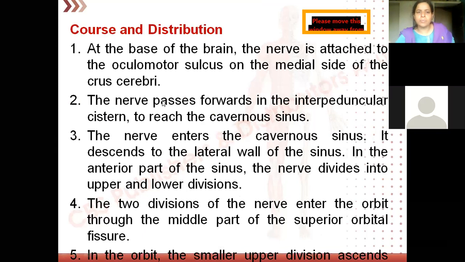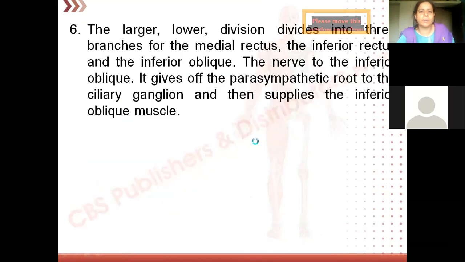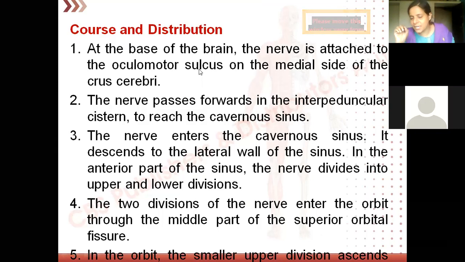Course, what we studied earlier: it is at the base of the brain, attached to the medial side of the crus cerebri. That is nothing but midbrain only. But the oculomotor sulcus, that area where the nerve is coming, is on the medial side of the midbrain. The specific word we have is crus cerebri. The nerve is passing forwards through the interpeduncular fossa area to reach the cavernous sinus.